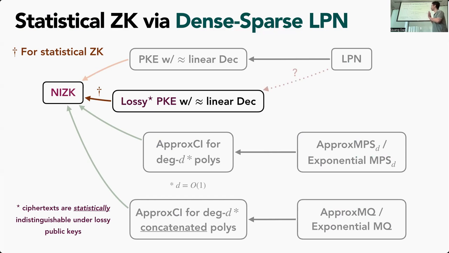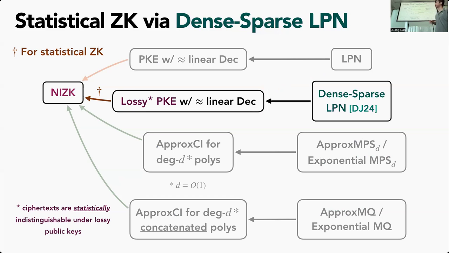And that would lead you to a statistical zero knowledge property, because now the underlying plaintext messages are just erased from the interaction, essentially. And so you need this lossy version of public key encryption, and you still need approximately linear decryptions.